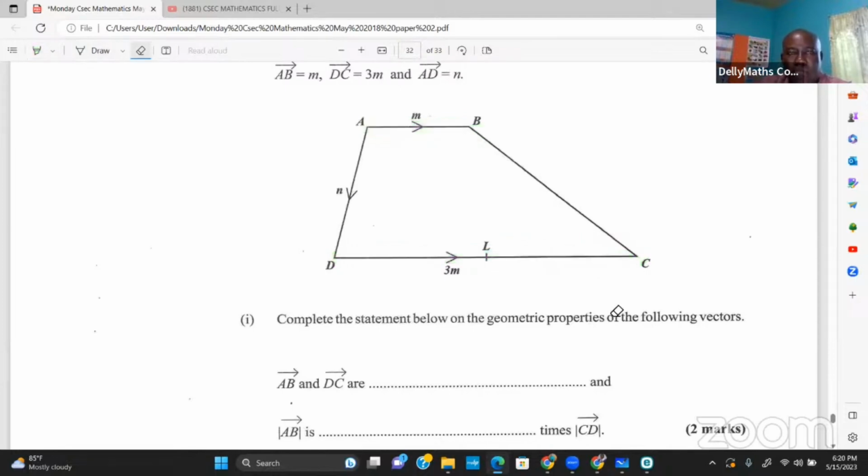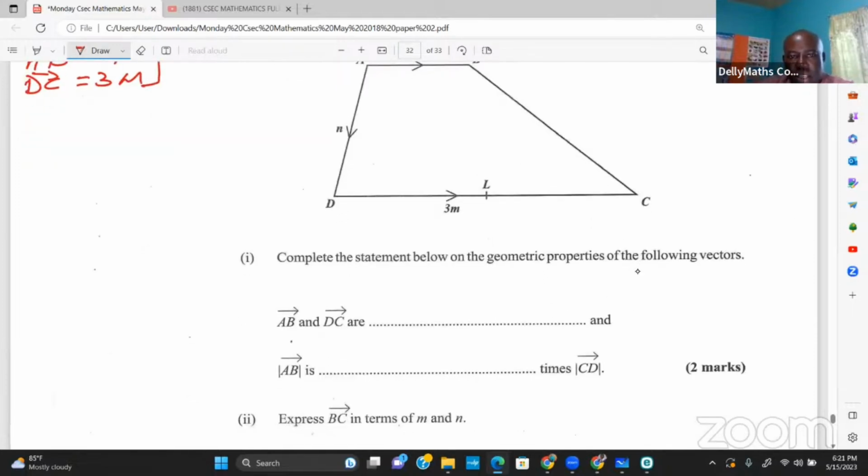Now, look at AB. Let me write this for you so you could make a decision. AB is given by m. DC is given by 3m. Anybody want to make a quick conclusion when you see this? They are what?